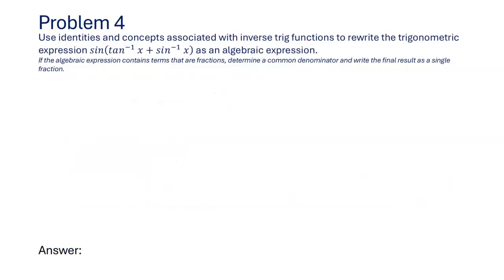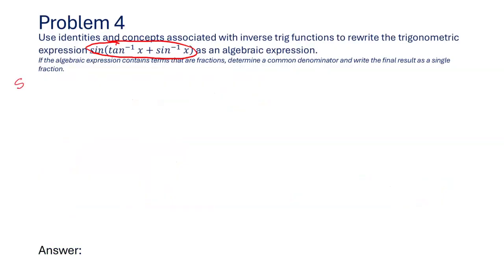Okay, our next problem is, again, we want to simplify this, but we want to write it as an algebraic expression, so without any sines or cosines in it. The first thing is we have a sine function with something plus something inside of it. So I think we want to use the sine sum identity.